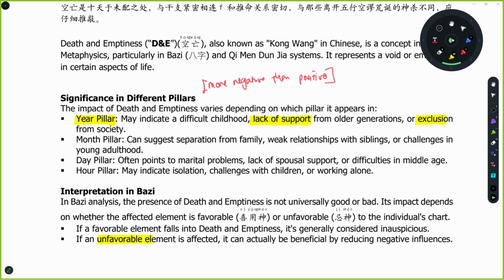And secondly, if it is in the month pillar, then of course it may suggest separation, weak relationships, and so on. Or sometimes we can find that they can be what we consider aloof, becoming detached.